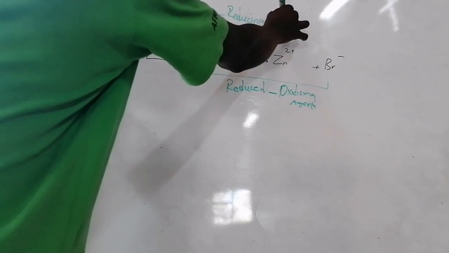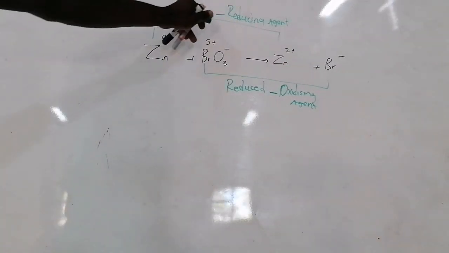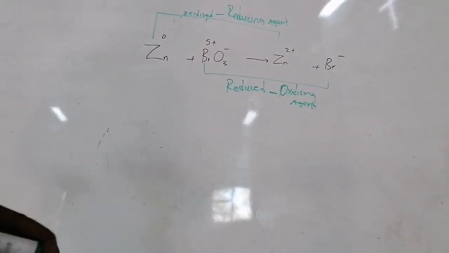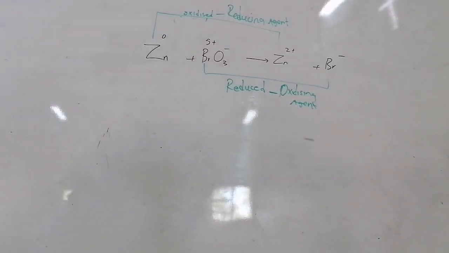Don't say that since they are oxidized, it is the oxidizing agent. When they are reduced, you say it is the oxidizing agent. You just write the opposite. When it is oxidized, it is a reducing agent. When it is reduced, it is the oxidizing agent.